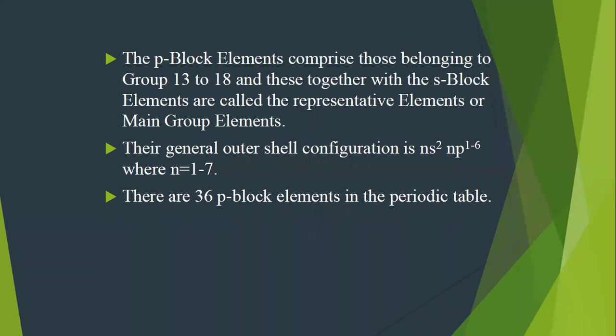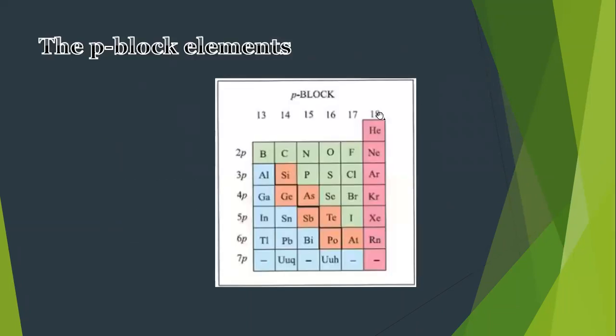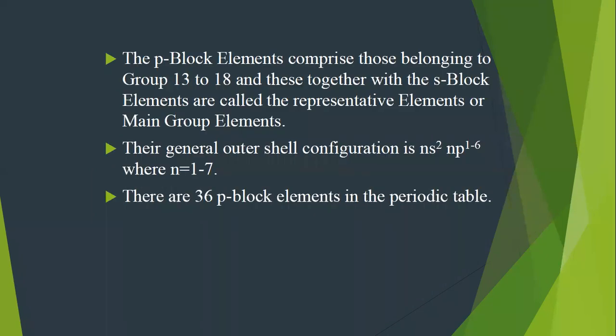They are also subdivided into different groups. For example, the fluorine family is known as the halogen group. Different names are given to these categories of elements, which we will learn when we go further into the chapter. The general outer shell configuration is ns2np1-6. ns2 means the s shell is completely filled, but in p they have a wide range since they range from group 13 to 18.